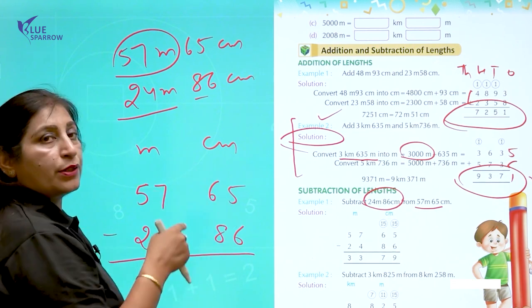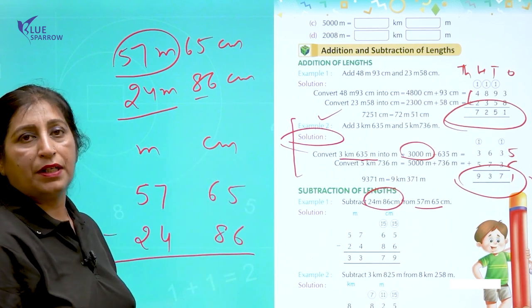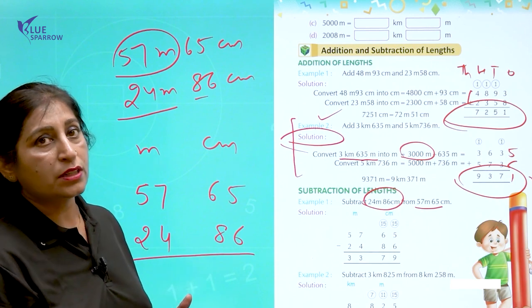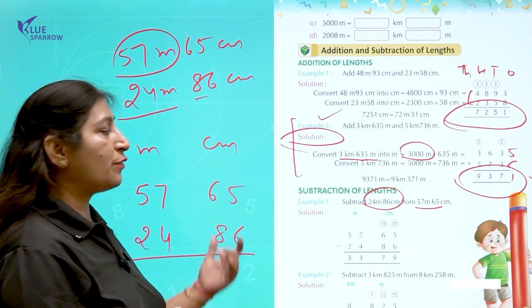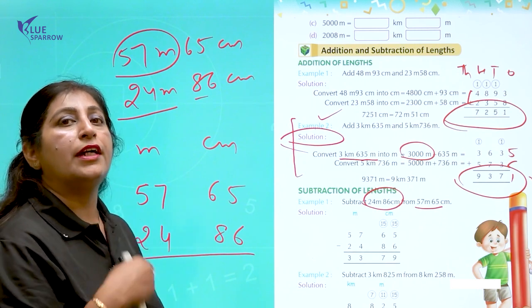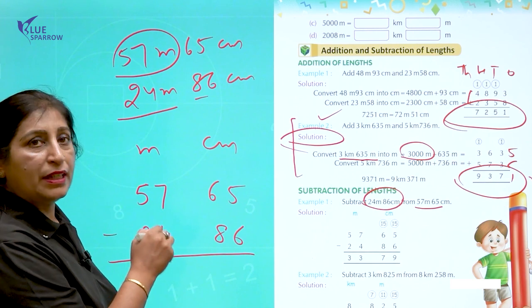Now we are going to subtract 86 centimeter from 65 centimeter. You know that 86 is bigger than 65. It is not possible to subtract 86 from 65. So we would borrow 1 meter into the centimeter column. Here we are given 57 meter.